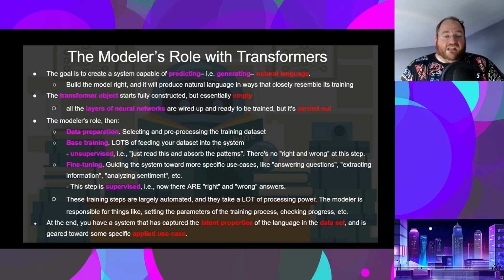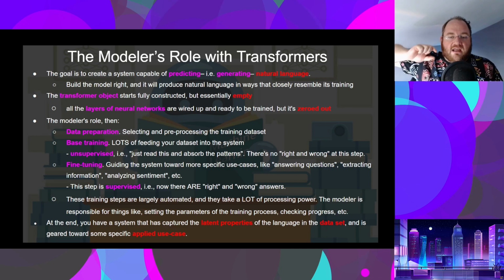You do a lot of base training, is what I'm loosely labeling this. It's lots of feeding your data set into the system. This is what's known as an unsupervised type of training. You're not saying there's a correct answer to a prediction. You're just saying, just read this and absorb the patterns.